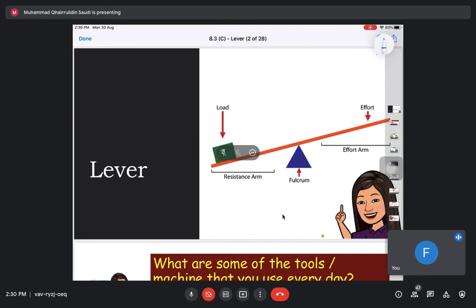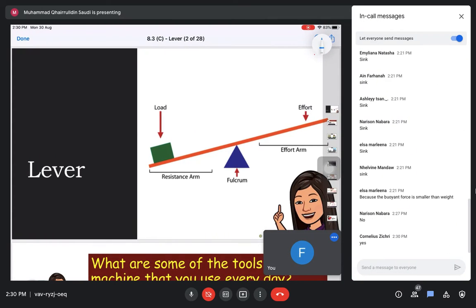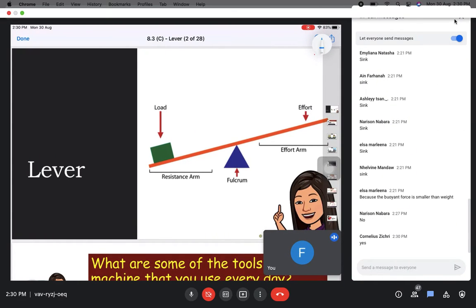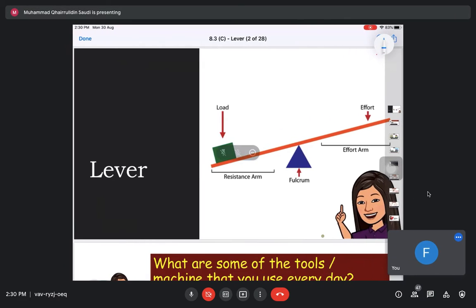Alright, are you guys still here? Okay, good. So we are going to continue with lever. Our next subtopic is lever. You already learned about lever in your standard 6 in primary school, right?